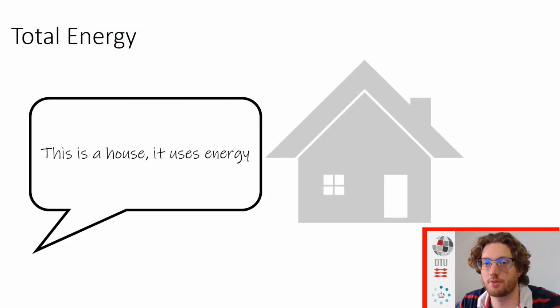The simplest of the analysis methods in LEAP for demand is total energy. Total energy is just for when you have no other data than just your energy consumption. So very simply, it is when you have a sector and you predict the energy consumption directly for that entire sector.